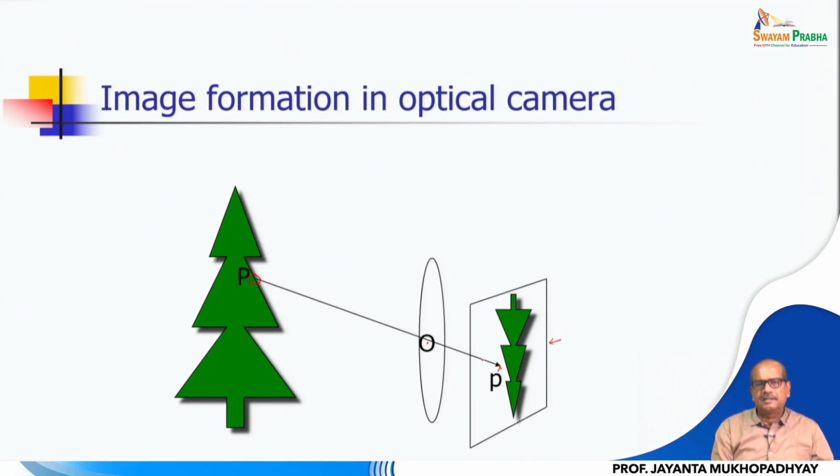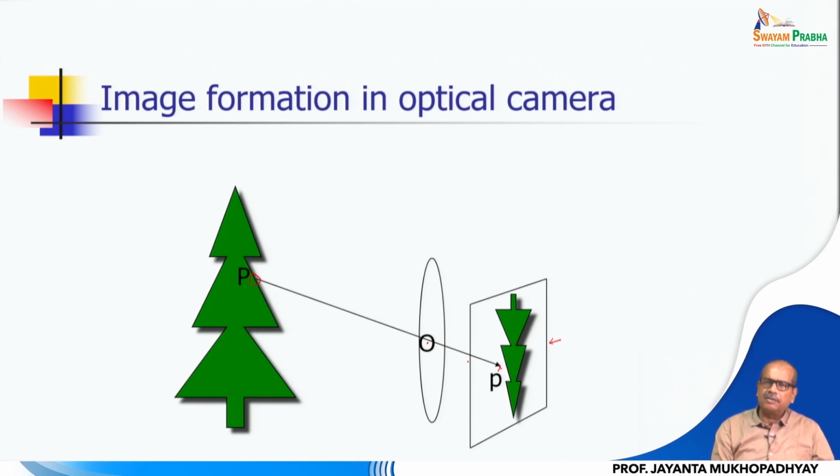Now, we will see that this configuration is very similar to what we discussed when we defined a 2D projective space. Only in our definitions, we assumed that the plane of projection is between the object and the center of projection. That was just for our convenience.